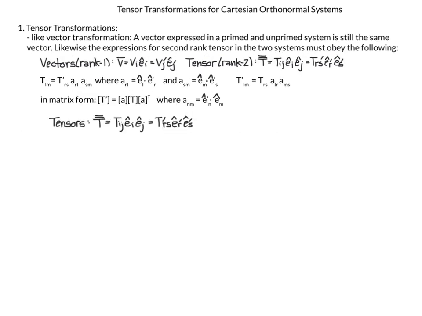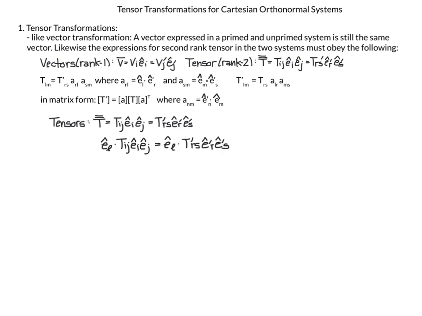And we can derive this form by writing our tensor in our unprimed basis, and then our tensor written in our primed basis. So we'll start here and derive this transformation matrix.